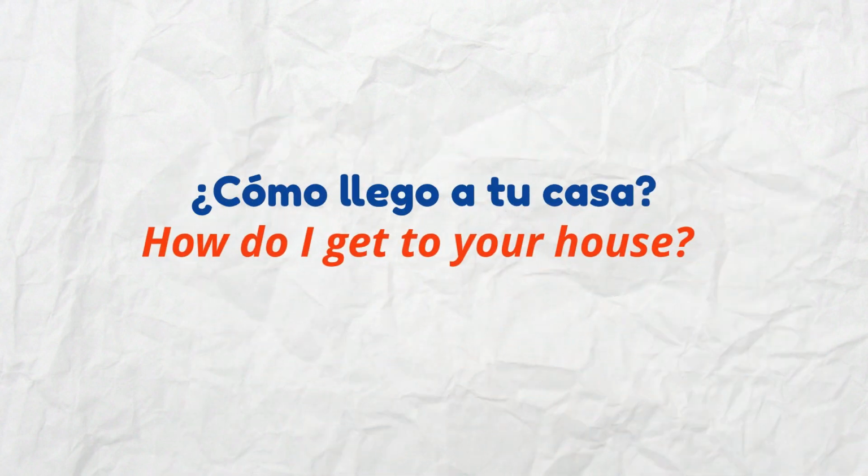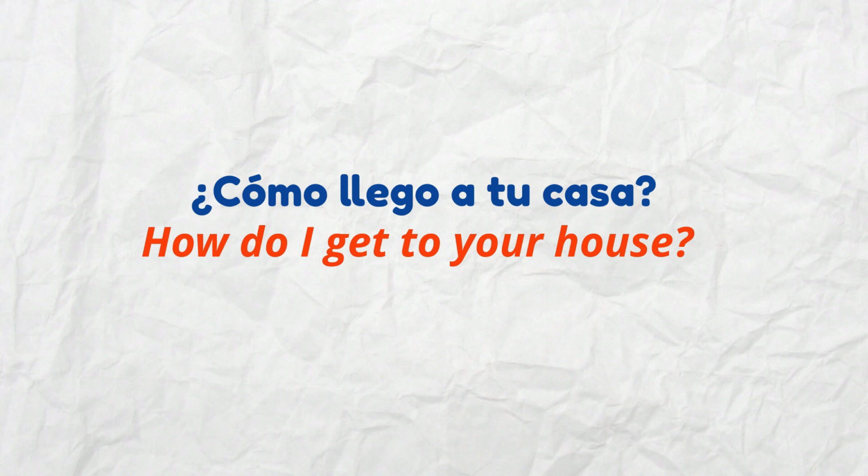Now, if you wanted to ask, how do I get to your house? Then you would ask, ¿Cómo llego a tu casa? This sentence is very easy. How do I get to your house? To your house. A tu casa. How do I get to? ¿Cómo llego a?